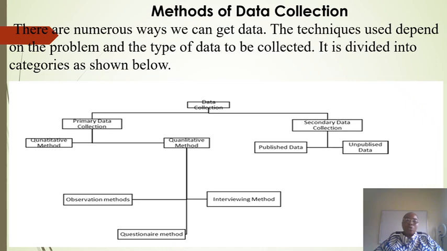Under the primary source, we can either use the quantitative method or qualitative method. Under the qualitative method, we have the observation method, the interview method, and the questionnaire method. While under the secondary data collection, it can either be published data or unpublished data.